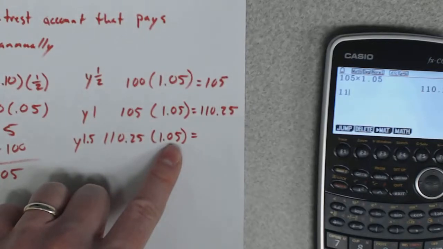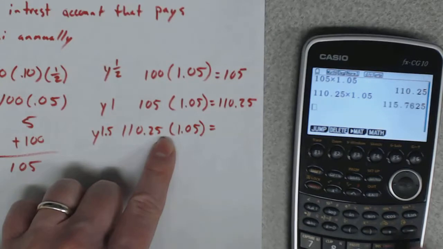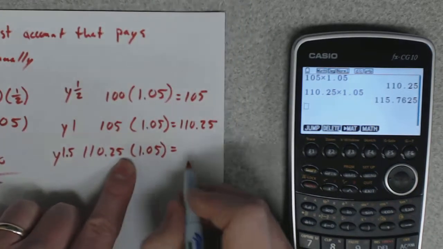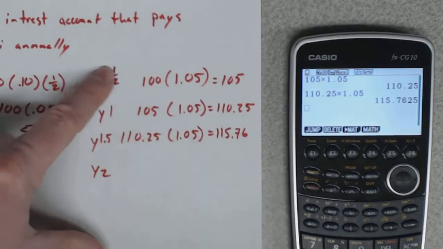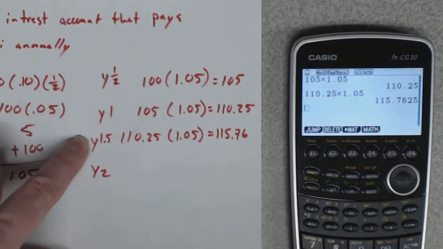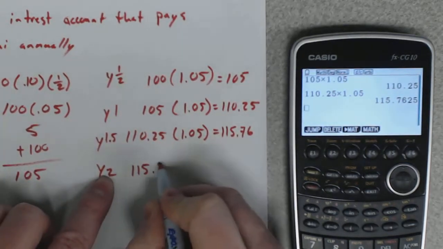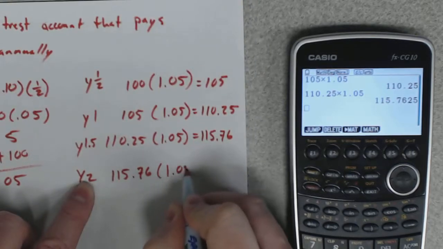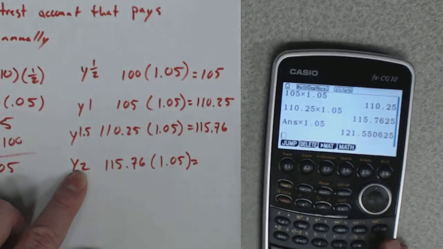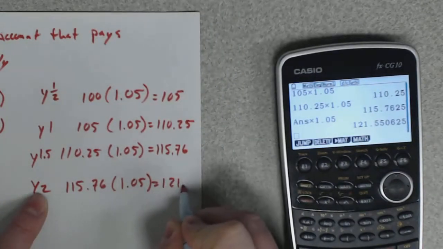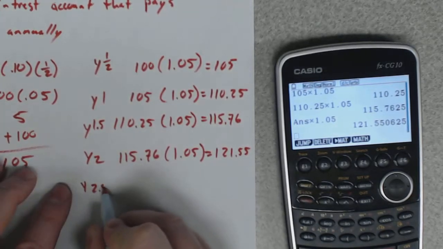So 110.25 times 1.05, 115.76. Okay, year 2. So you've had half a year, 2 halves, 3 halves, 4 halves. Year 2. So there's 115.76 in your account times 1.05. So what's that times 1.05? 121.55. So now you've got your 2.5.